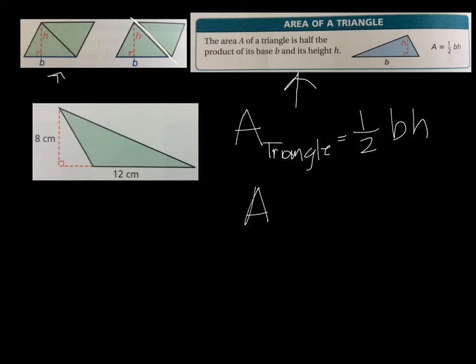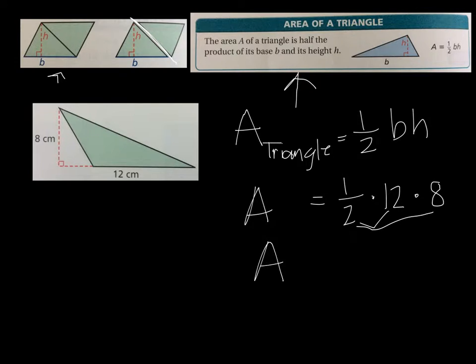Okay, so my area is going to equal 1/2 times our base, which is 12, times our height, which is 8. Now, because of the commutative property of multiplication, we know that if I wanted to, I could take half of 8, or I could take half of 12.